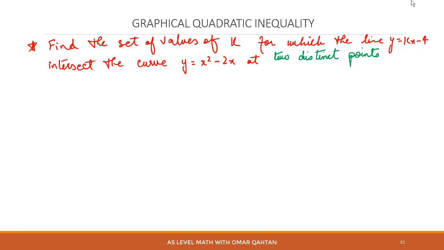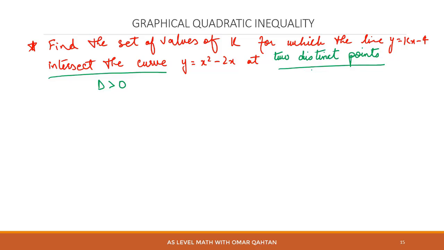This is a past paper question: find the set of values of k for which the line y equals kx minus 4 intersects the curve. This is important: intersects the curve. It means that the discriminant should be greater than 0, at two distinct points.